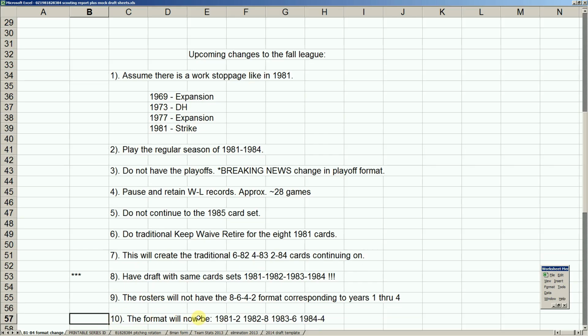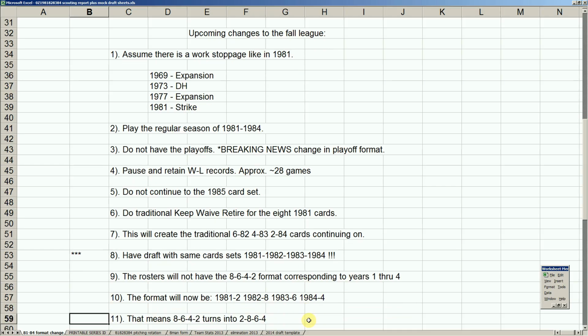The format will now be a regular draft, meaning 2 guys from 1981 will be on the roster, and then the 2 guys to the 6 previous of 82, and then 83 and 84. So that means when you start playing a league in the following fall, autumn, that 8-6-4-2 format turns into 2 in year 1, 8 in year 2, 6 in year 3, and 4 in year 4.